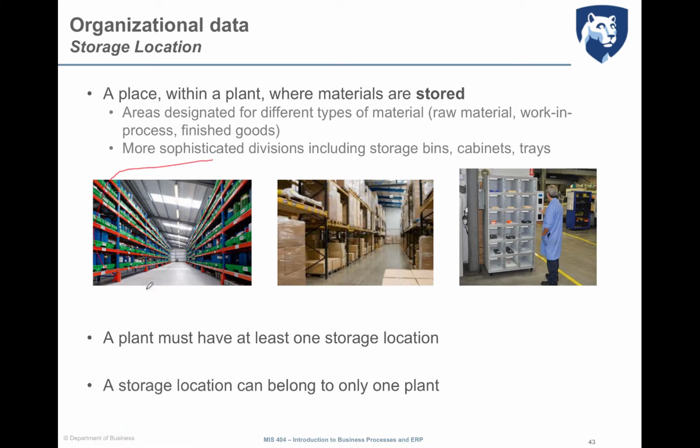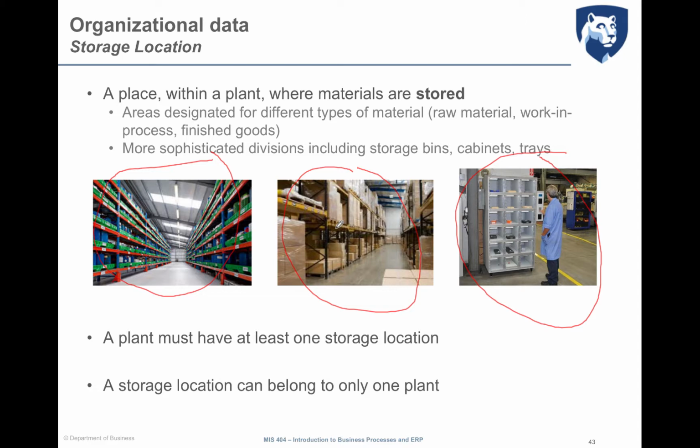Here you can see examples of locations like a recycle area, bin, warehouse, or pallet, where materials can be stored, because a storage location can include shelves, bins, cabinets, trays, and it can be just part of the building or the entire building, depending on the size of the material that needs to be stored.